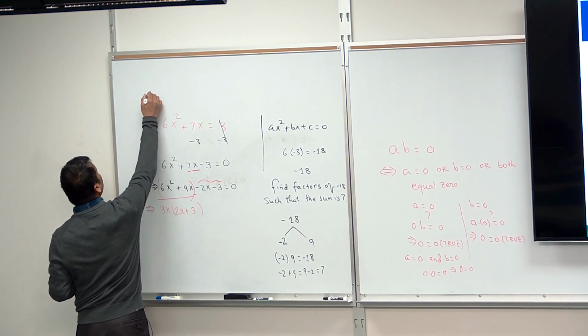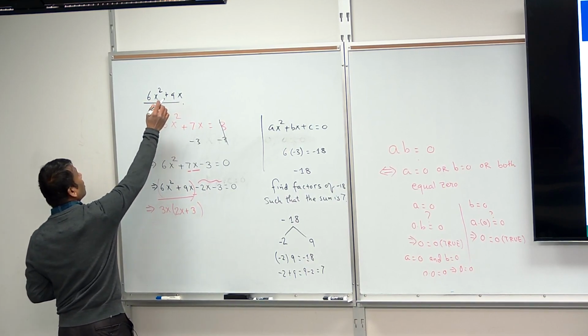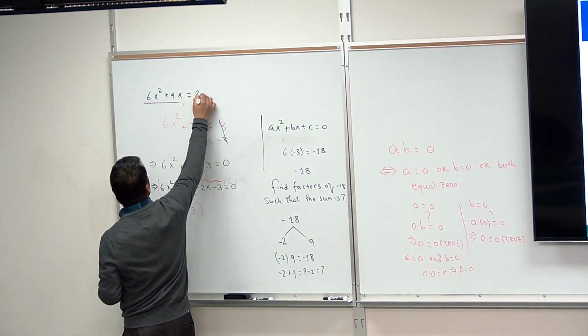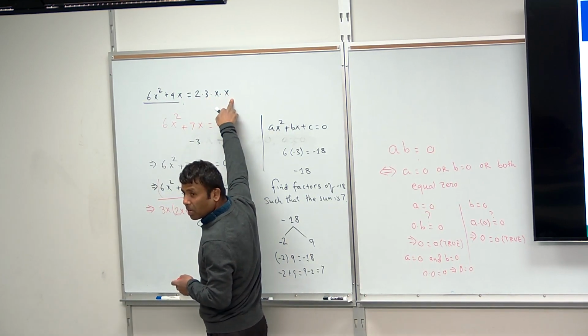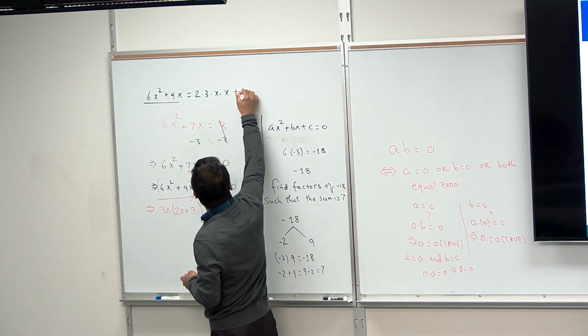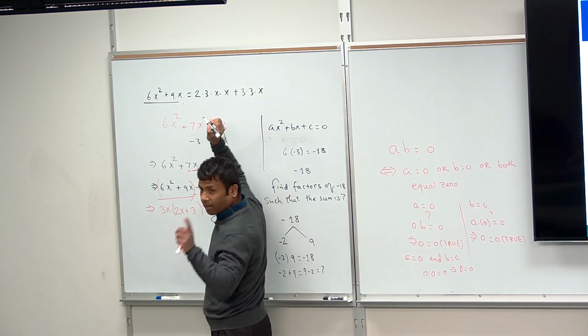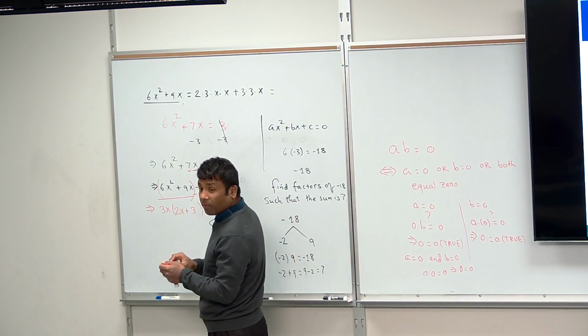Look here, I have 6x squared plus 9x and I want to factor out the common part. The 6x squared is 2 times 3 times x times x, and 9x is 3 times x times 3.